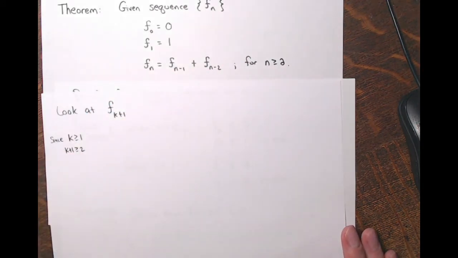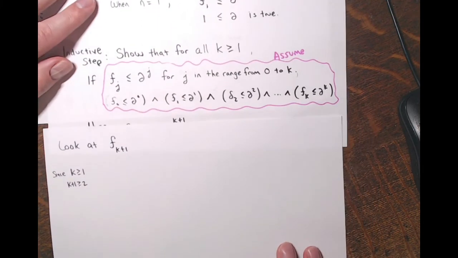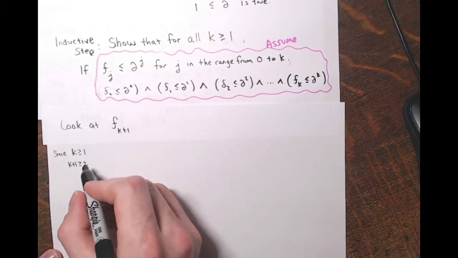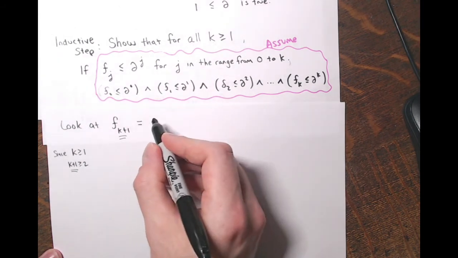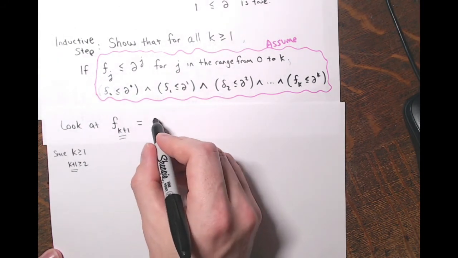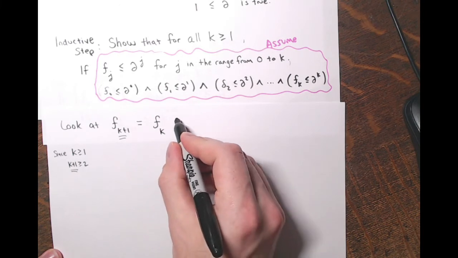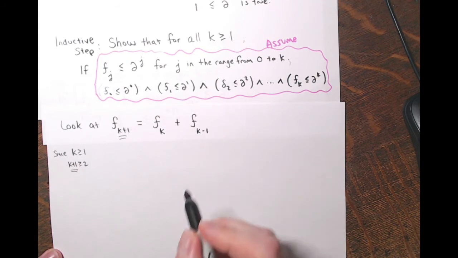That's why we needed that extra base case. And since this subscript now is greater than or equal to 2, I can apply that rule that f sub k plus 1 would be equal to the term before it, f sub k, plus the term before that, f sub k minus 1.